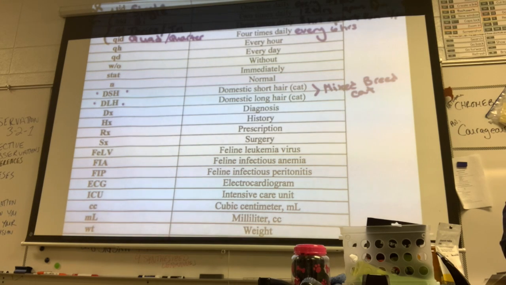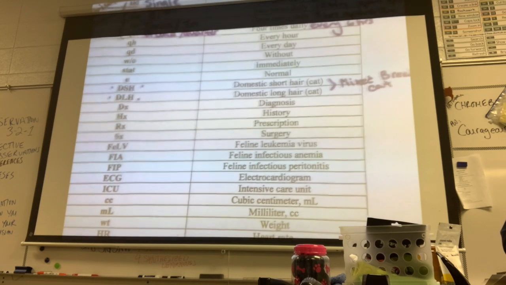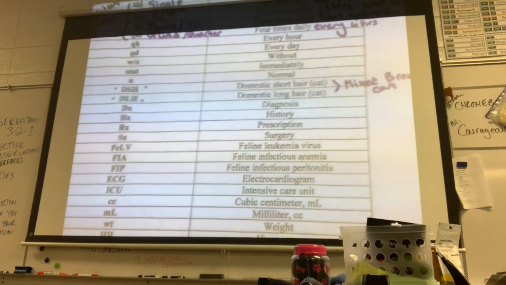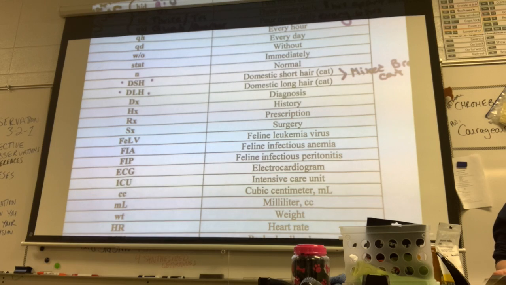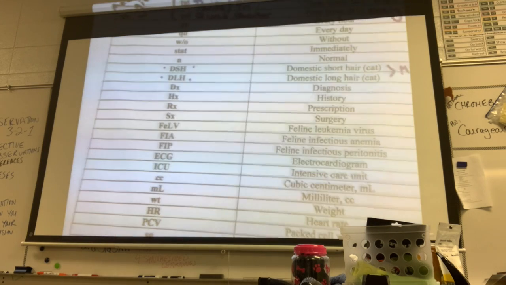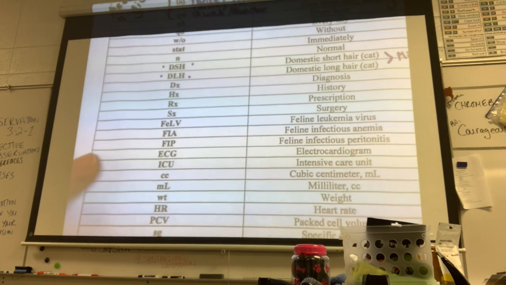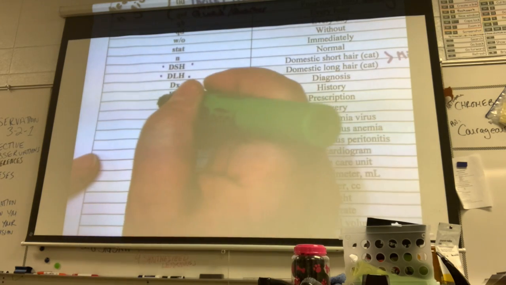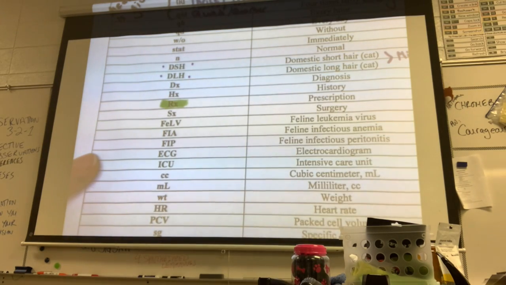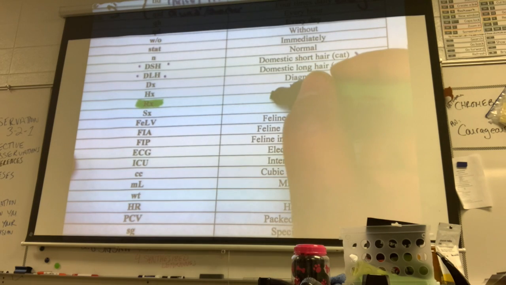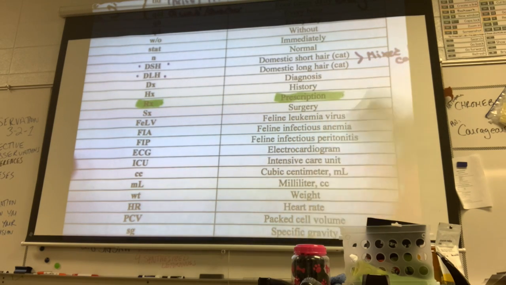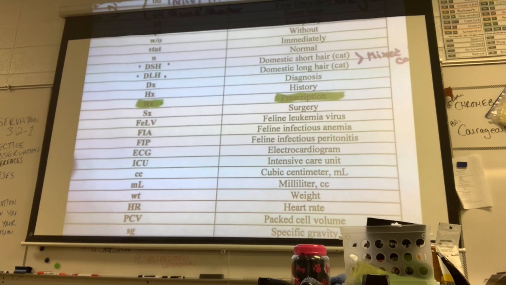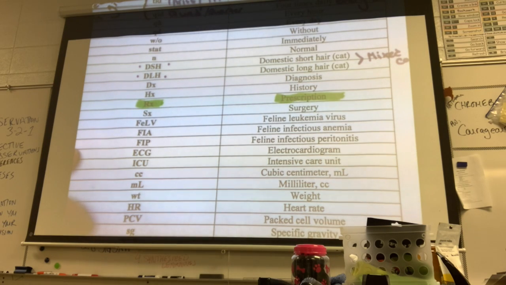Other things on here that were like, hey. Why is the RX for prescription? So RX is prescription. How many of you guys have seen that before? A lot of us, right? So that's going to be one that we definitely want to highlight. I don't know, it's probably some Latin. The R probably stands for something in Latin.